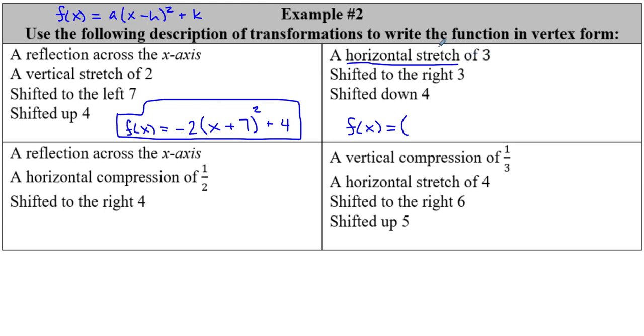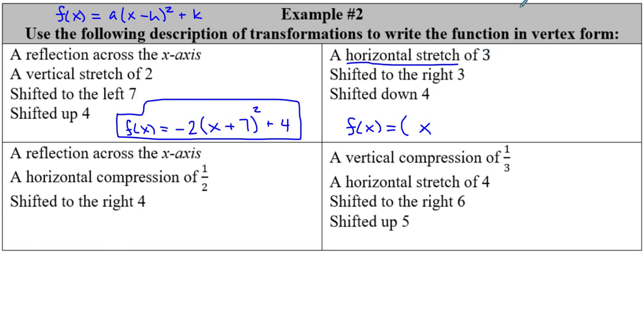Okay, so remember, I am always thinking of the opposite and the reciprocal. So I know that I'm going to have a value in front of the x here. Okay, so I can put my x. But when I'm dealing with a horizontal stretch or compression, when I'm describing this value, it is always the reciprocal of what is seen inside the parentheses here.